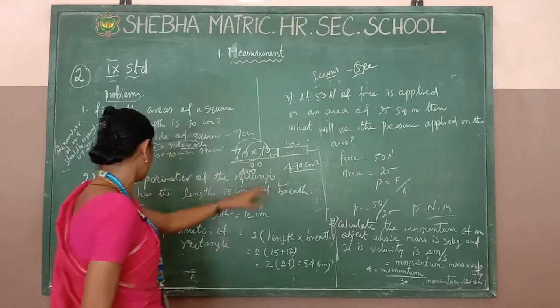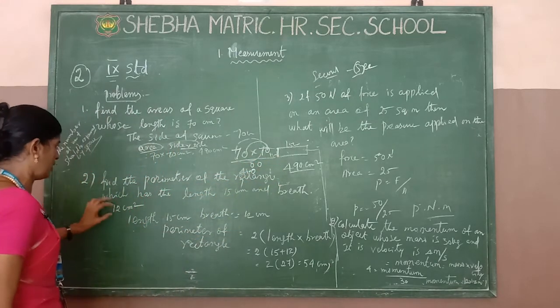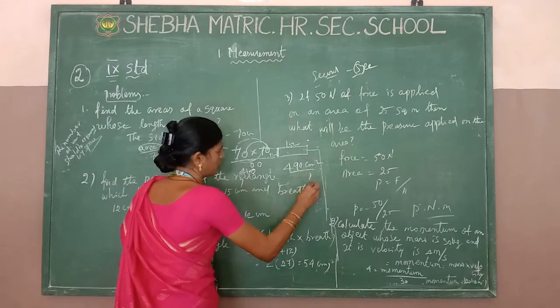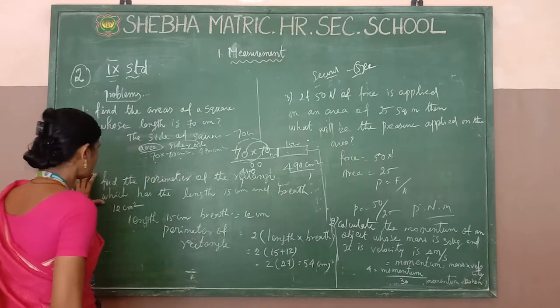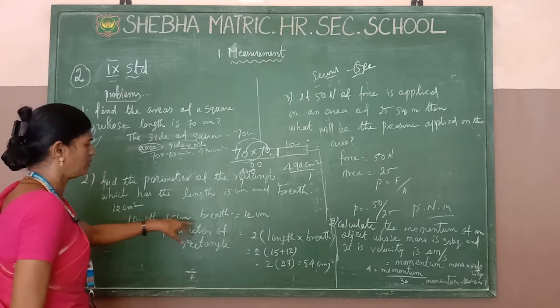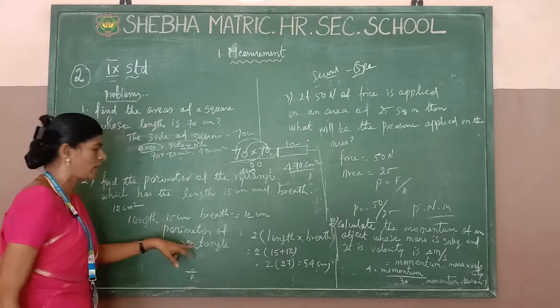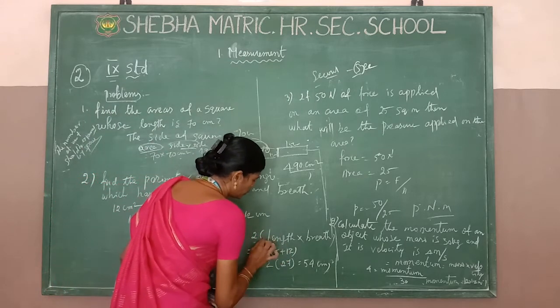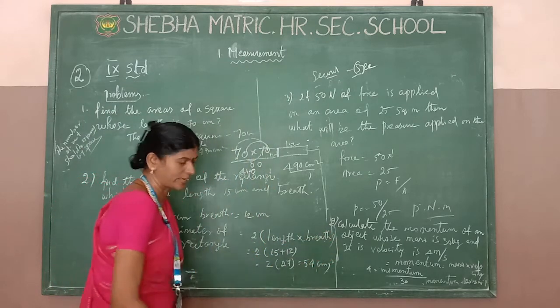So how do we find the perimeter? The length is 15, the breadth is 12. What is the formula of the perimeter? 2 into length plus breadth.